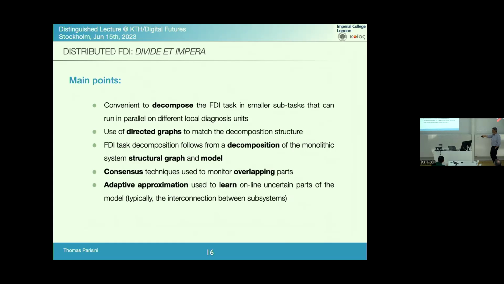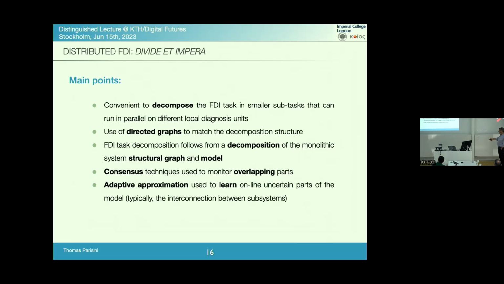Because if you have an overlapping part, it may well happen, for example, on subsystem S1, suppose the example I showed before, that the uncertainty you have in estimating state X3 might be much larger than what you have in the other decomposition. And therefore, we are going to embed in the methodology consensus techniques so that we take advantage of the fact that two systems look at the same variable. And if one has much less uncertainty, we can take advantage of that.